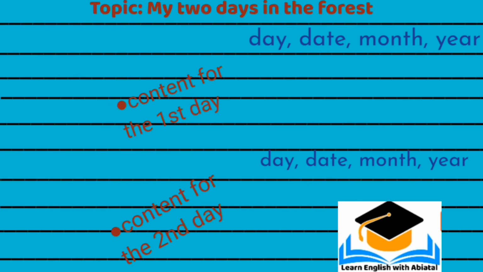If it's time phrases, let's say you want to talk about your trip to Durban, then you can make use of time phrases. The first thing you need to know is you have your day, date, month, and year in the top right hand corner of your answer sheet. Then you put the time slot from 9 to 10:30.